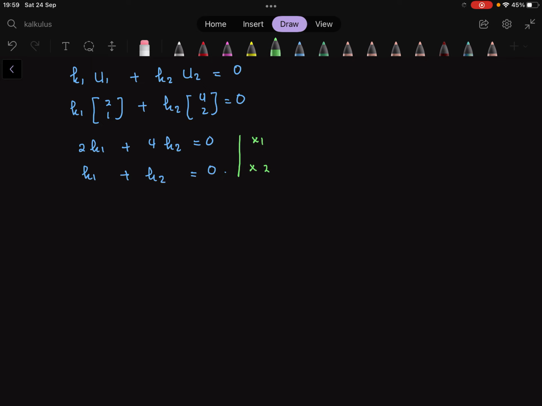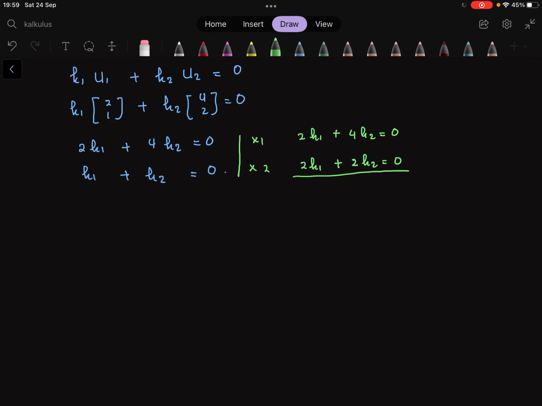So we have 2k1 plus 4k2 equal to 0, and here we have 2k1 plus 2k2 equal to 0.